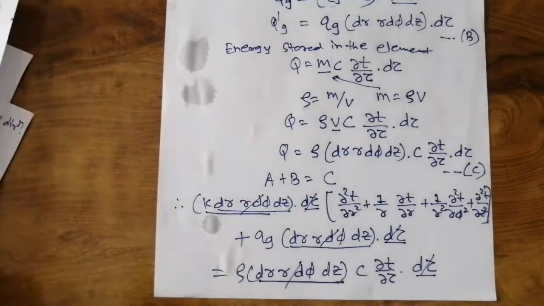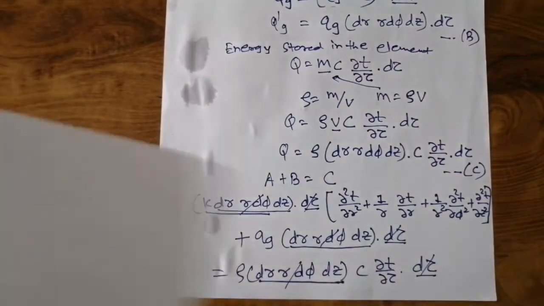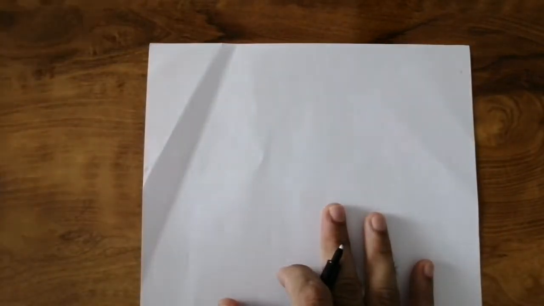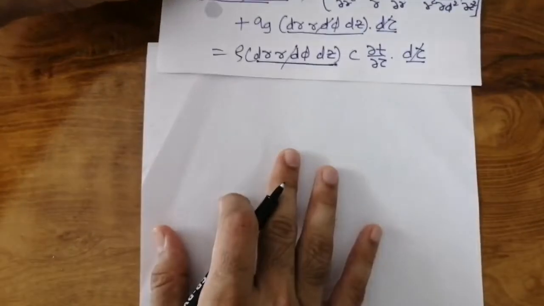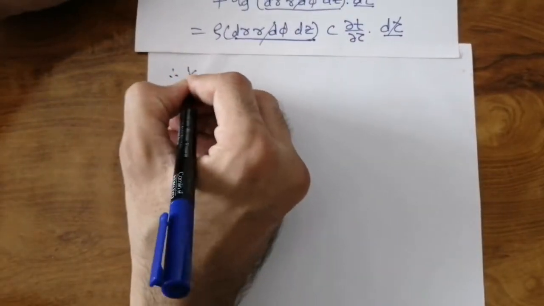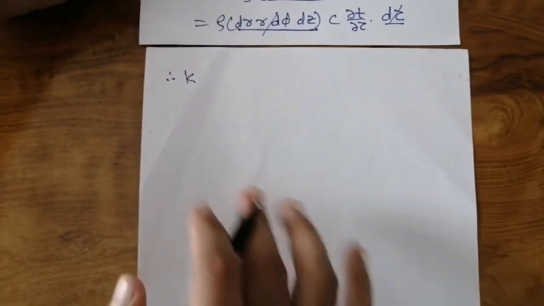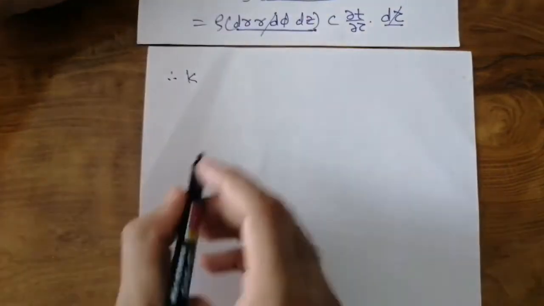What will our remaining equation be? K is there, so first write down K as it is. The volume will cancel out, and d tau will cancel out.